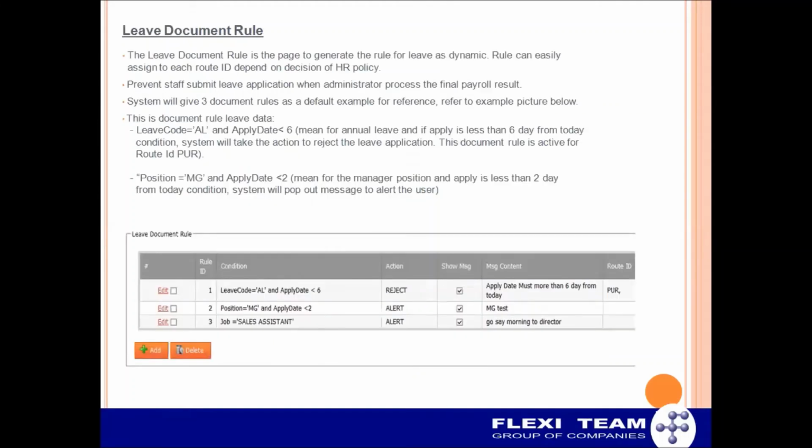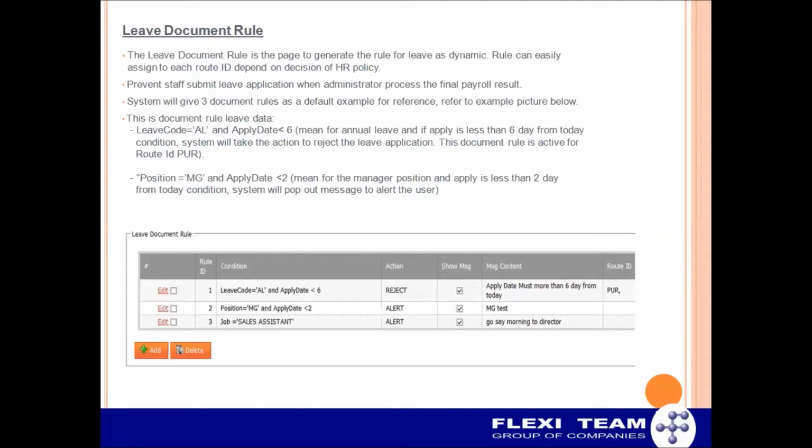And then the leave document rules. Before you can apply for leave, the company can set some rules. Let's say for example, for annual leave, you must apply before 7 days. That means before 1 week, you are only able to apply for annual leave. Within the 1 week time, you are not able to apply.